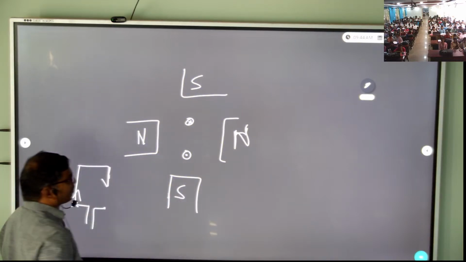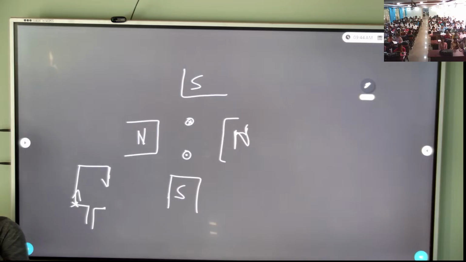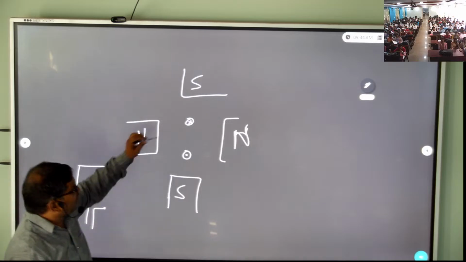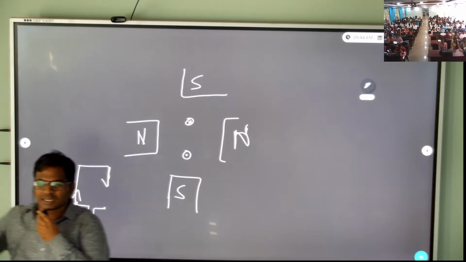Actually it's not a single conductor, we are placing a group of conductors. Here this conductor carries the current. Why?